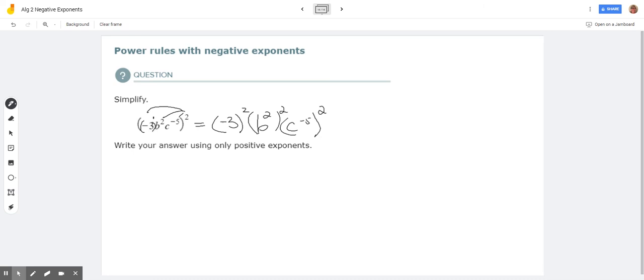So that's going to be negative 3 squared is negative 3 times negative 3, positive 9. b to the 4th and c to the negative 10th. Well, we don't want negative exponents, so we got to put that c to the 10th on the bottom by the definition of negative exponents. There you go. And that is it.